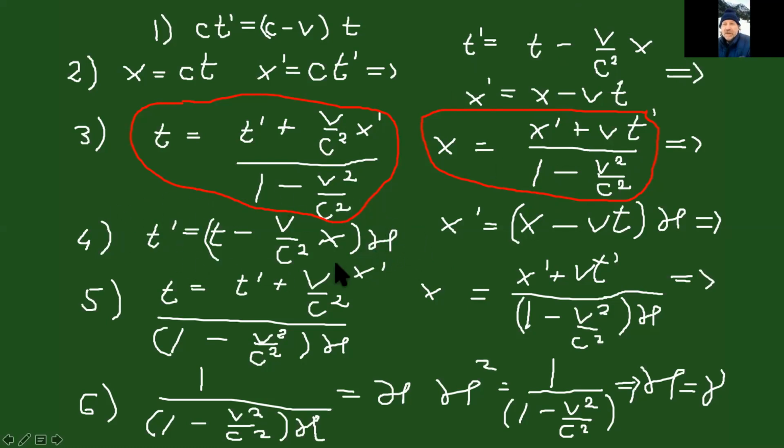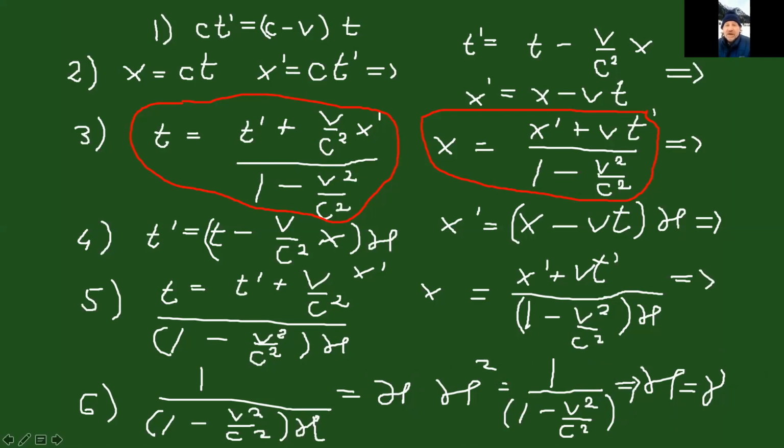We see that the reverse transformation then has 1 over kappa, and now we must have 1 over (1 minus v squared over c squared) times 1 over kappa equal to kappa. Then kappa squared is equal to 1 over (1 minus v squared over c squared). Therefore kappa is the known gamma, 1 over the square root of 1 minus v squared over c squared.